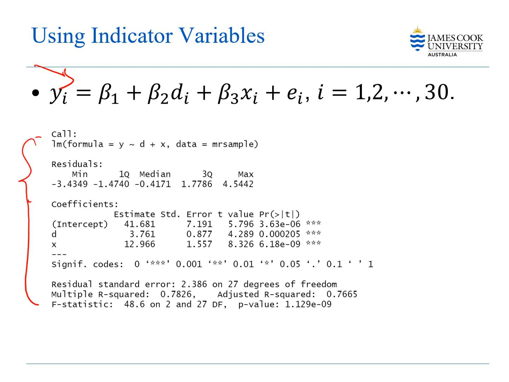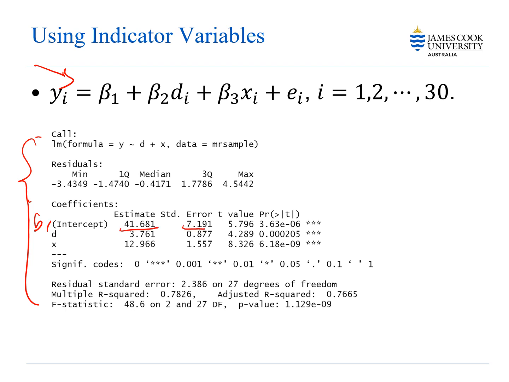By the way, at this point in time, you should be familiar with interpreting this regression output. The intercept here is B1, the estimate of beta 1, 41.681.